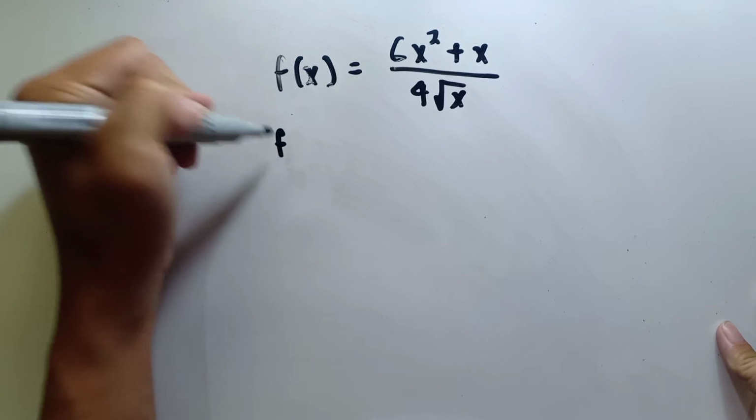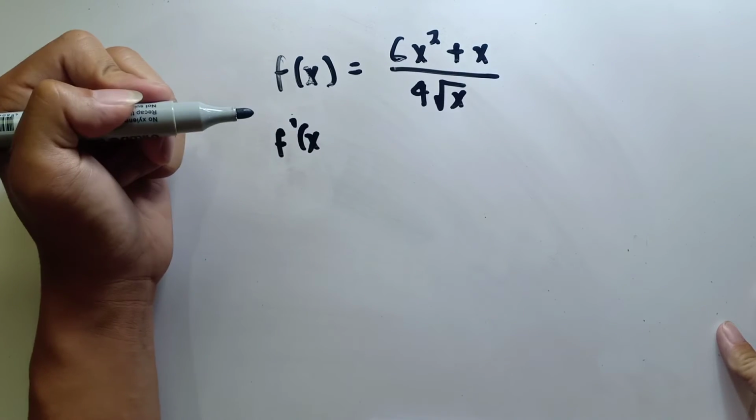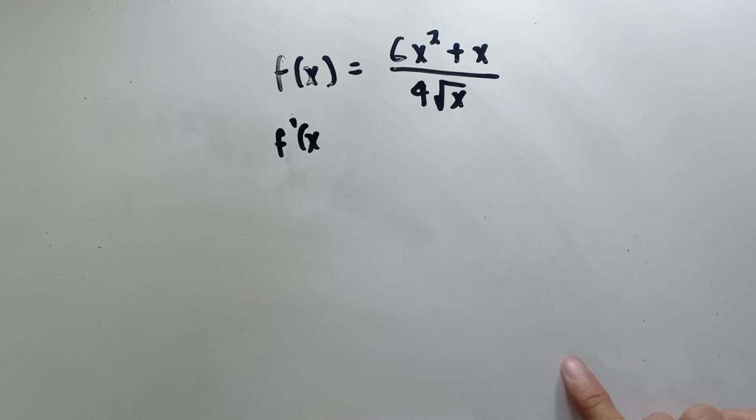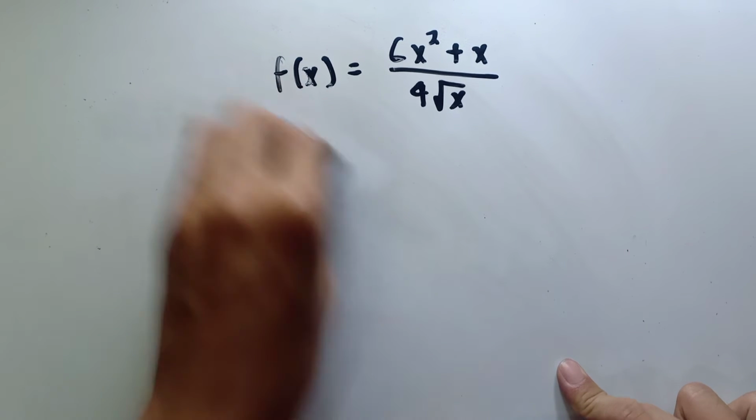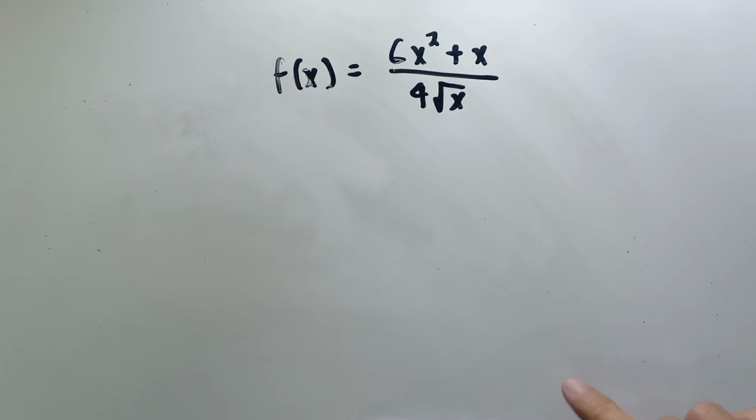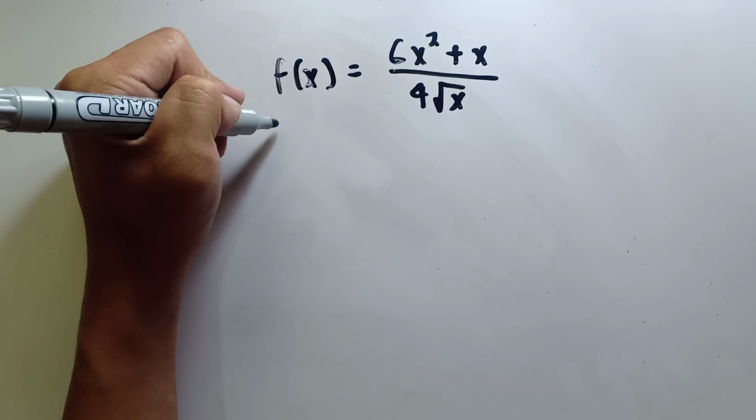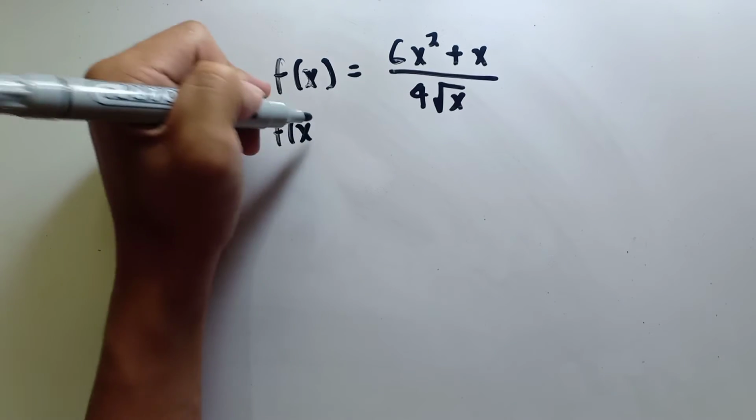So f prime of x, I'm sorry. So we have here a rational function, so we can break down this fraction into two terms. So we can differentiate this easily.